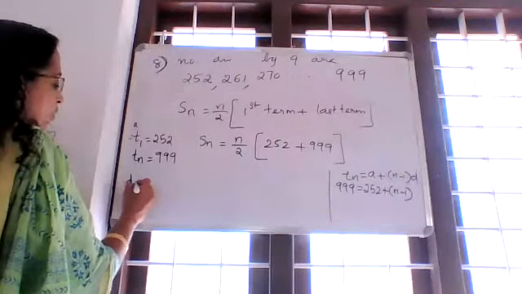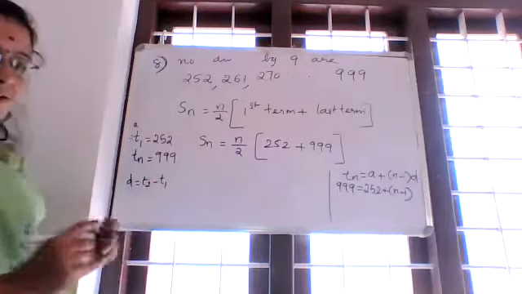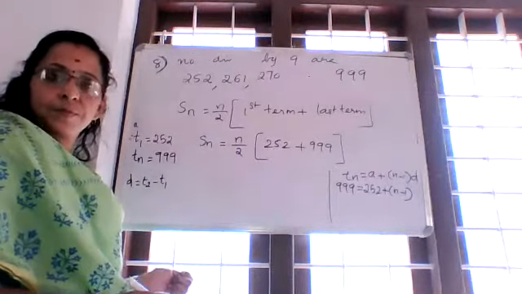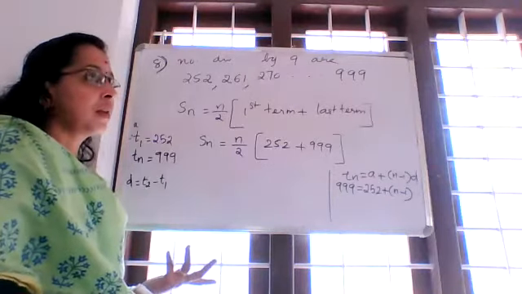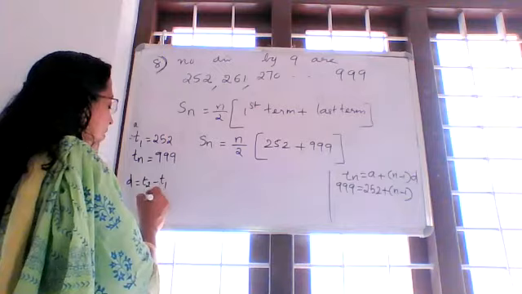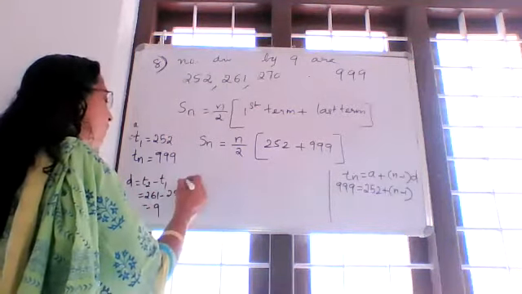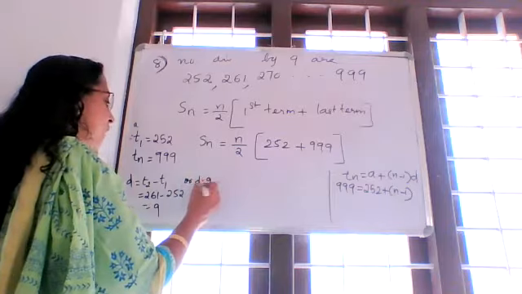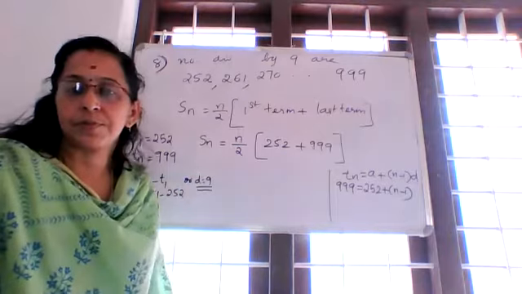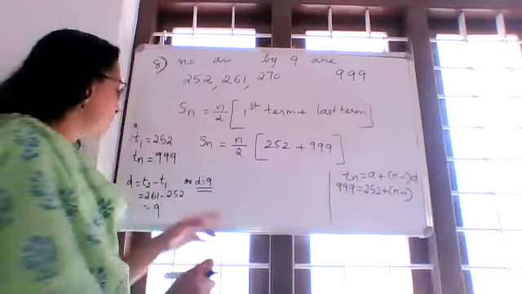D is equal to T2 minus T1, or we can directly say it is 9. 261 minus 252 is equal to 9. Understood or not? Yes, ma'am. D is 9.